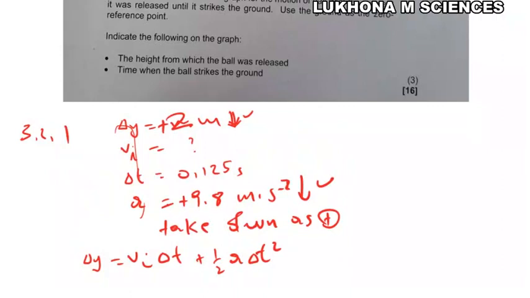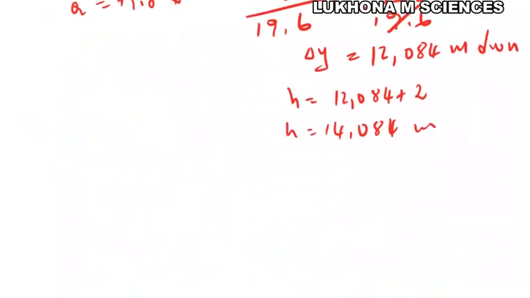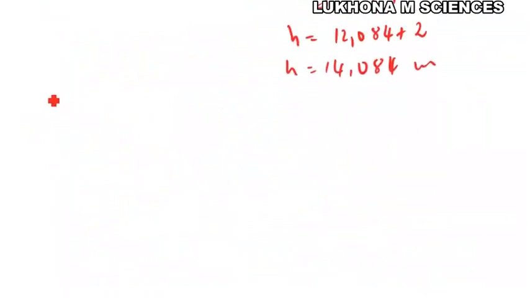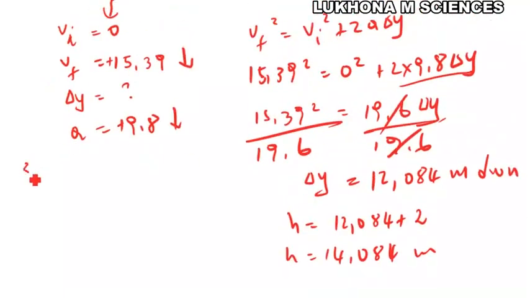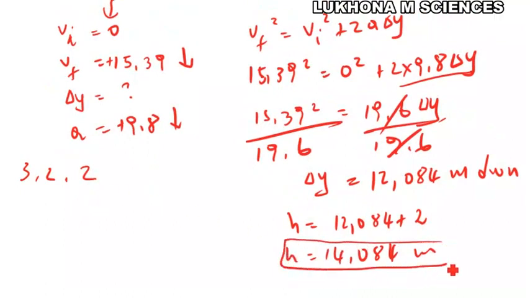Then this one is 3.2.2. Okay, where is it? Okay, so let's write it here. So it's 3.2.2. We're looking for the time it takes to cover this height from the top to the ground.